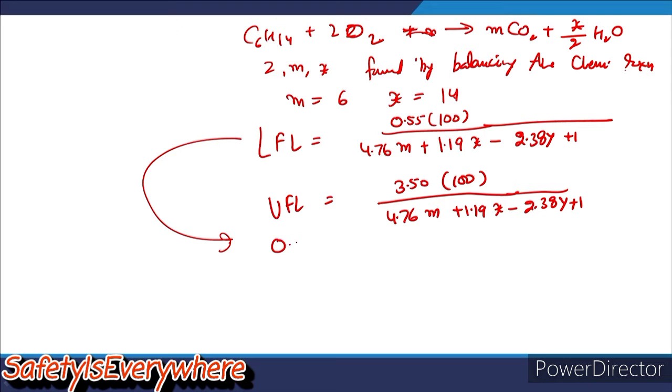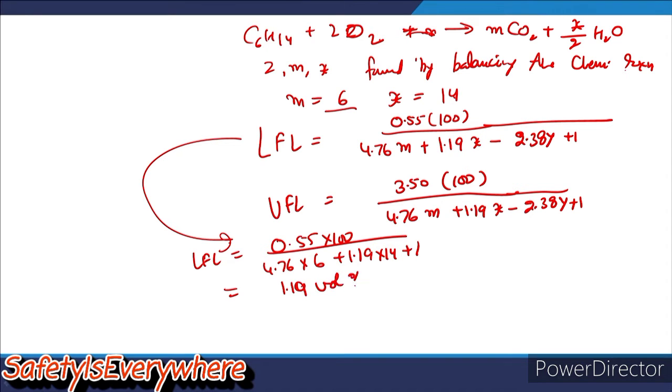Let us have a look at the LFL. LFL is equal to 0.55 into 100 divided by 4.76 into 6 plus 1.19 into 14 plus 1, and this comes out to be 1.19 on the basis of volume percent, which is equal to 1.2 volume percent on an actual basis.